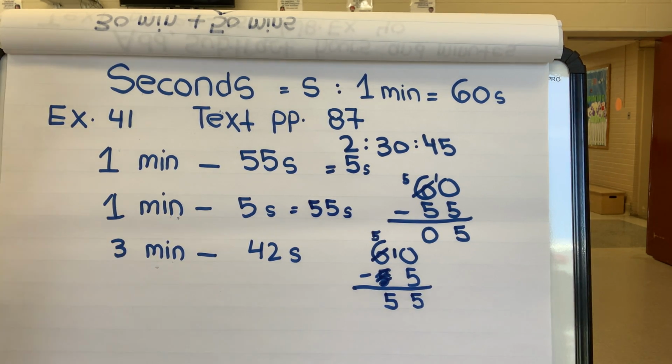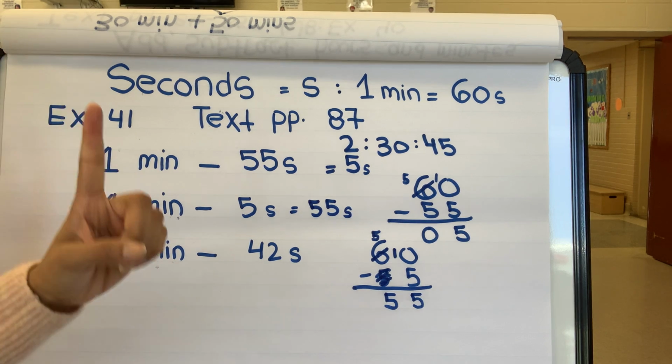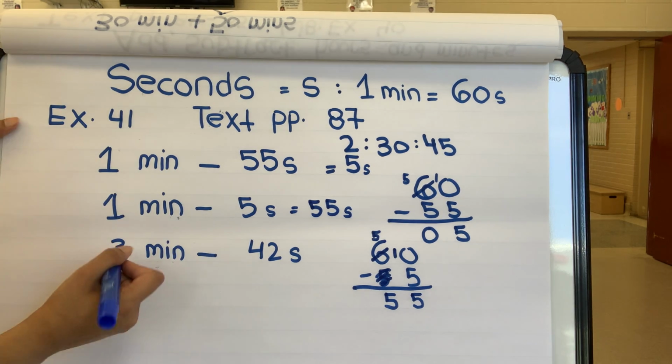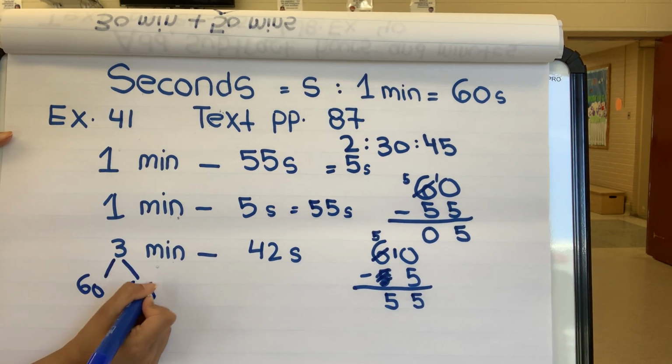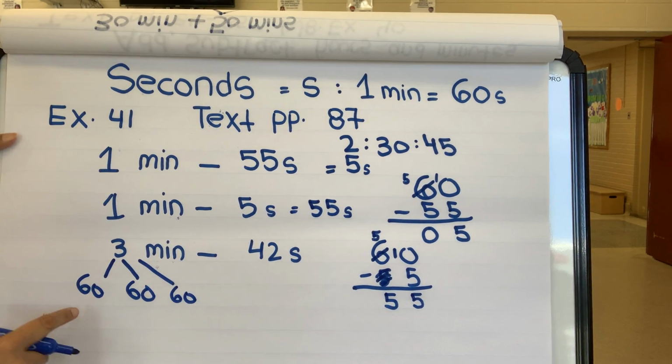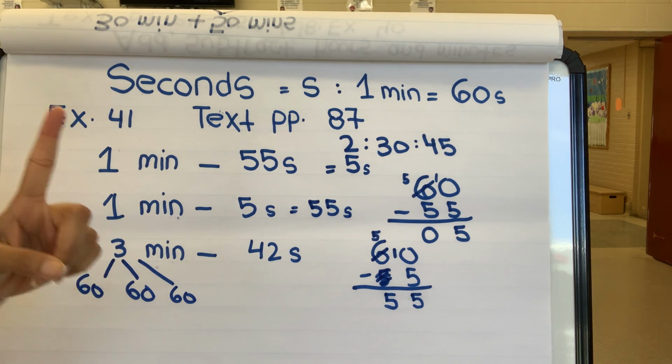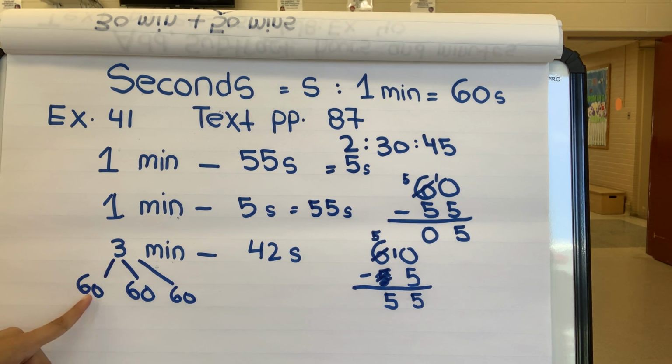Now here I have 3 minutes, right? I need to remember that each minute is made up of 60 seconds. So I have 60, 60, and 60, because I have 3 minutes: 1 minute, 2 minutes, and 3 minutes.